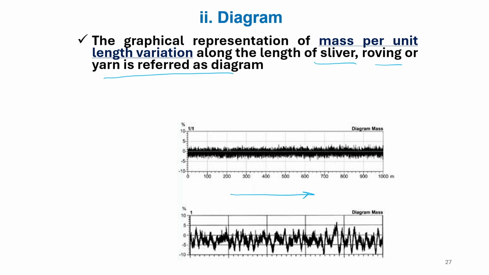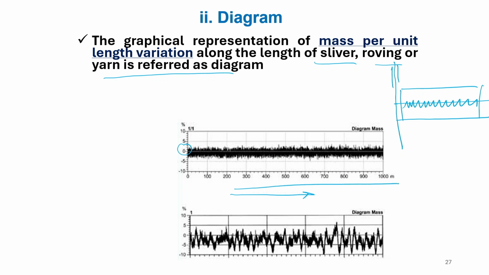Now, when the system starts, the capacitance type method starts, and the system records the variation. Here at the 0 point it is the mean value, and with reference to it the plot goes with time, okay, with the length.